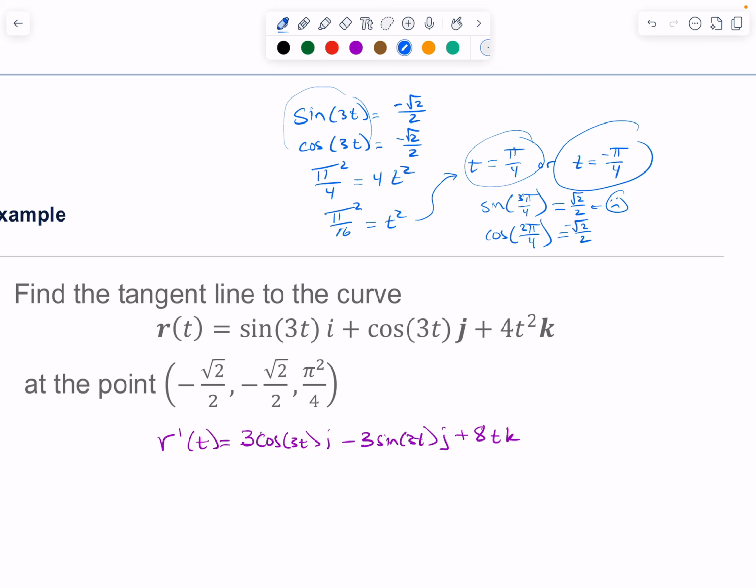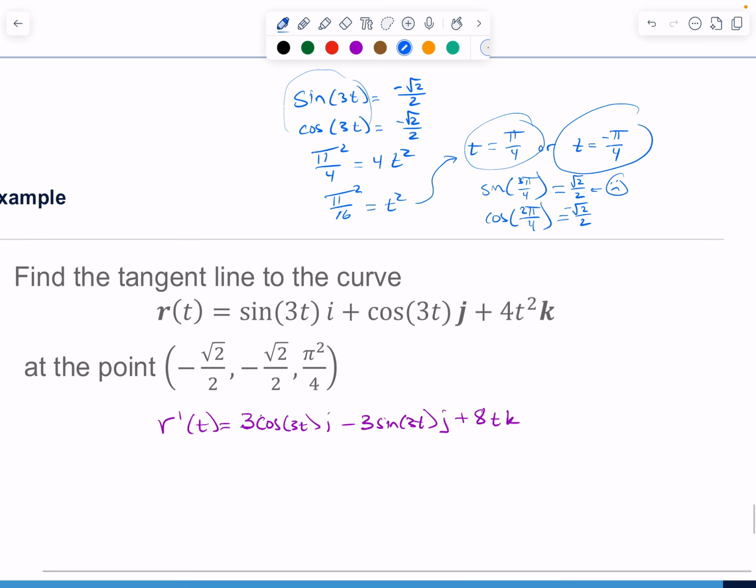What about this one? Well, when I plug negative pi over 4 into those, I get sine of negative 3 pi over 4, which is negative radical 2 over 2, and cosine of negative 3 pi over 4, which is also negative radical 2 over 2. So that one works. So t is equal to, what did we say? Negative pi over 4.